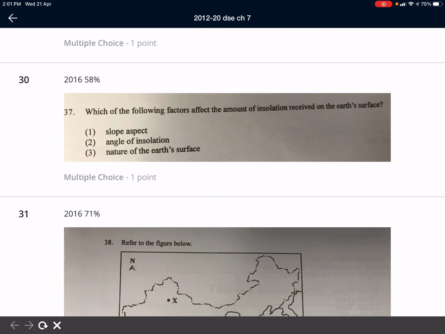Number 30. Which of the following factors affect the amount of insolation received on the Earth's surface? Slope aspect. True, because you should know it in the chapter of aspect.